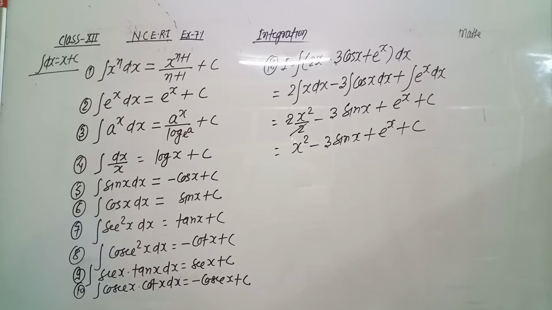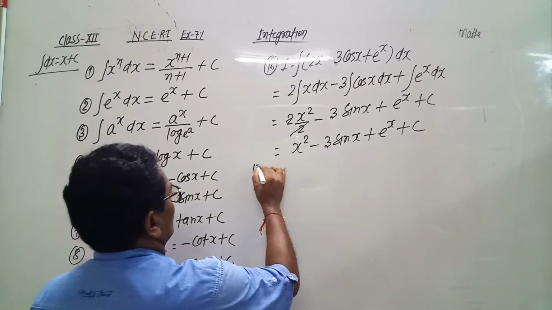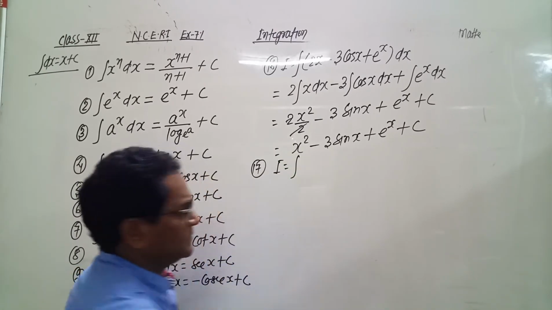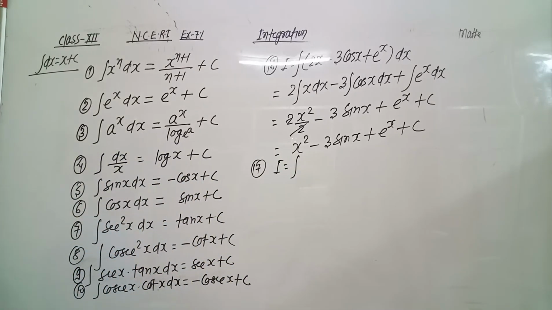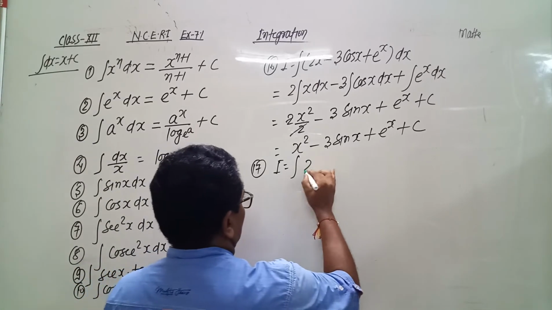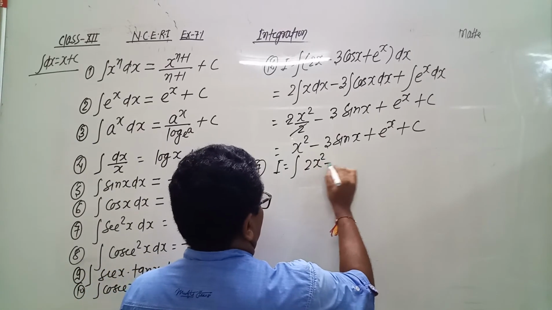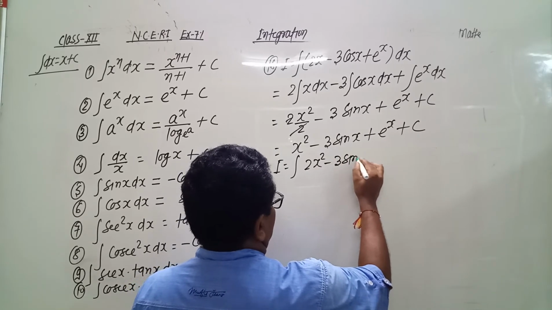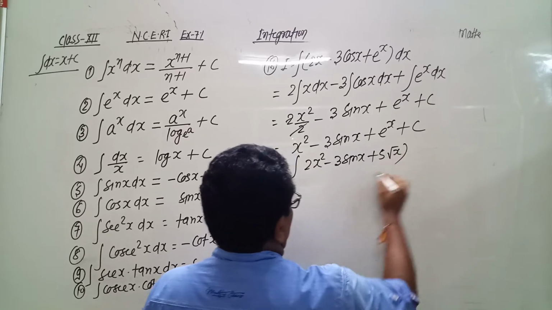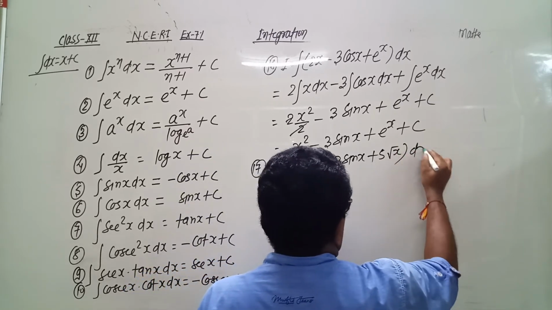Then question number 17. I equals integration of (2x square minus 3 sin x plus 5 root x) dx.